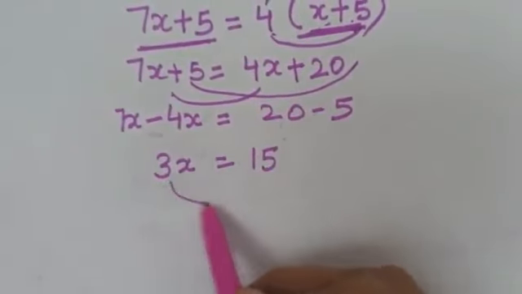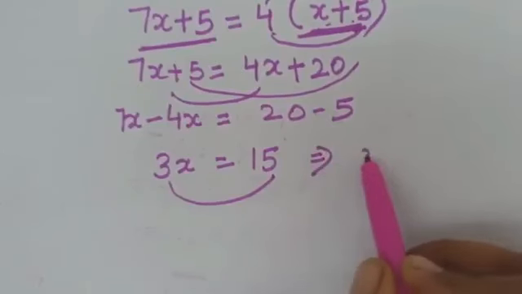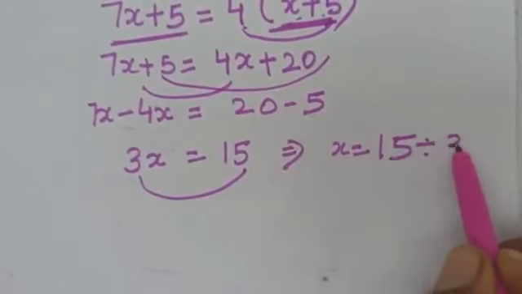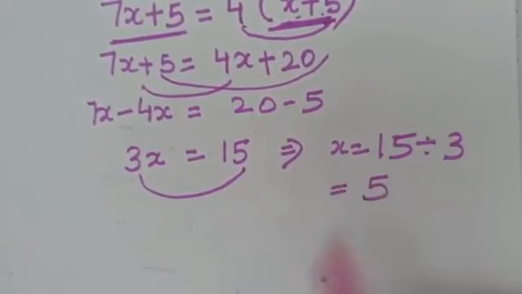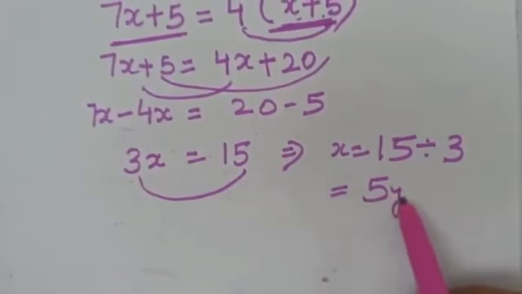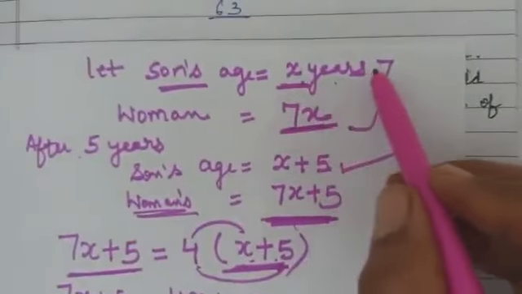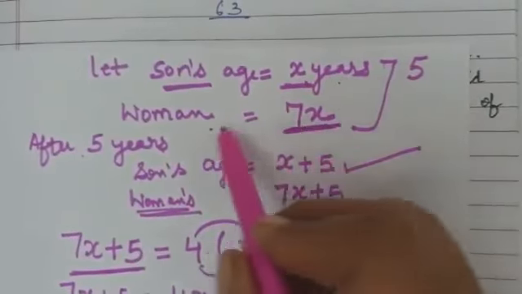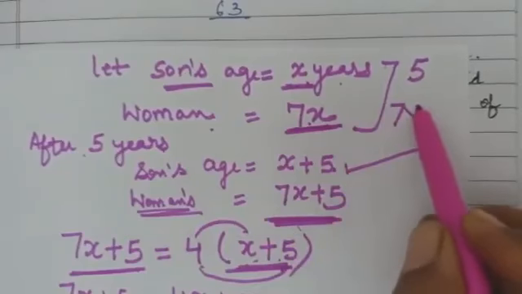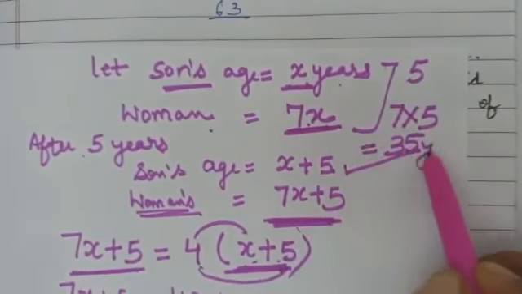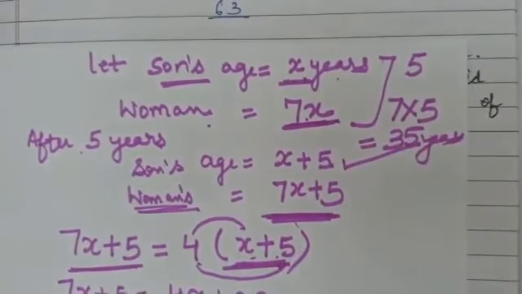Now 3 will shift to that side. We get 15 divided by 3. That is 5 years. So it means the son is 5 years and the woman is 7 into 5, that is 35 years. Clear children?